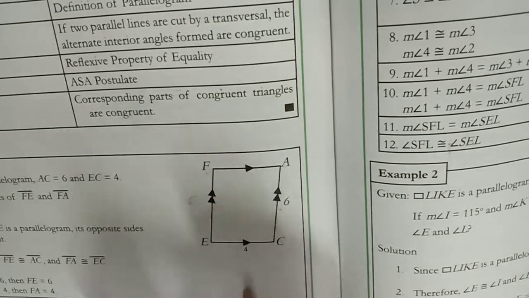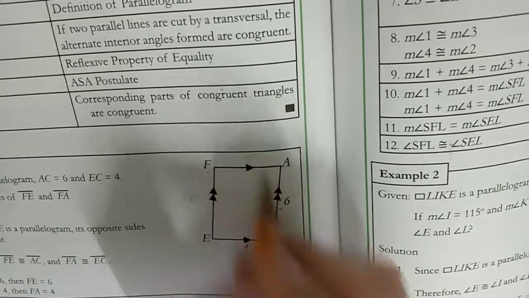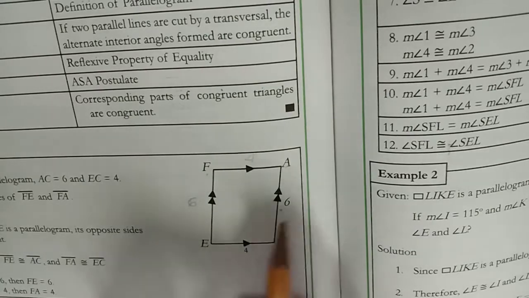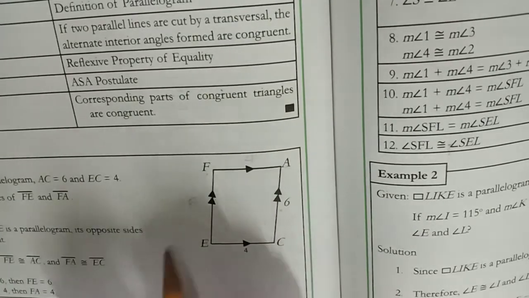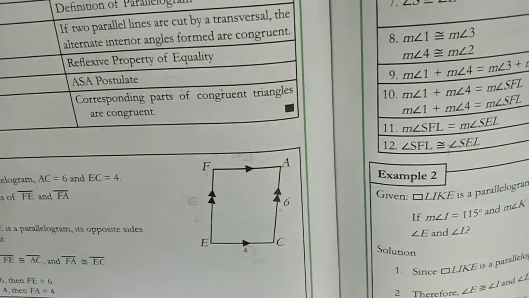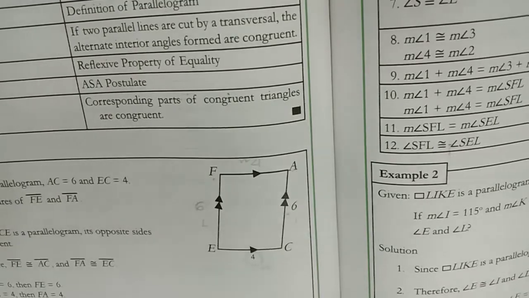So, therefore, we can say that FA is equal to 4. So, mapapansin nyo, that is a rectangle. Okay? So, parehas lang po yung measure ng length pati ni width. Ayan, so ganun lang naman po yung sinasabi sa ating theorem.